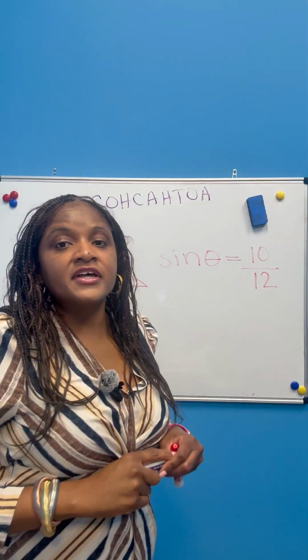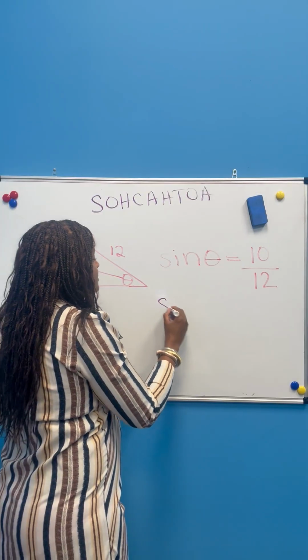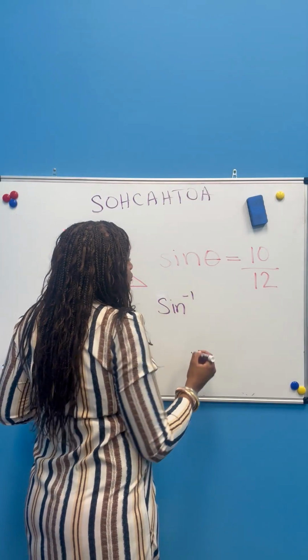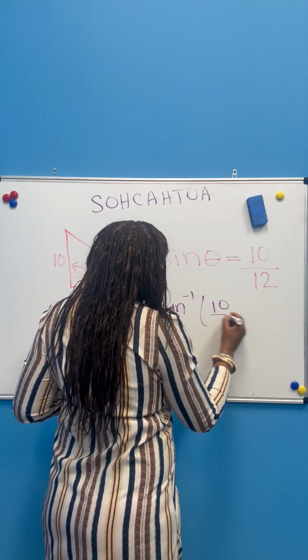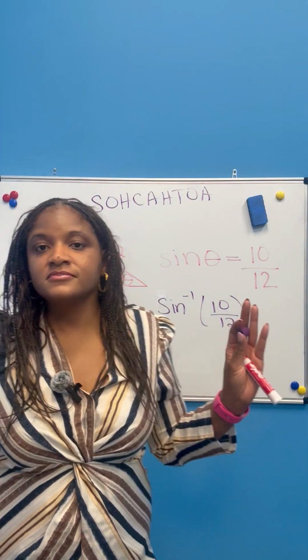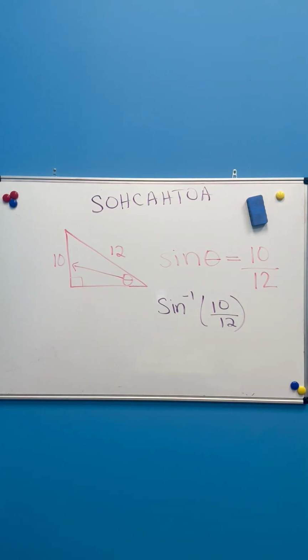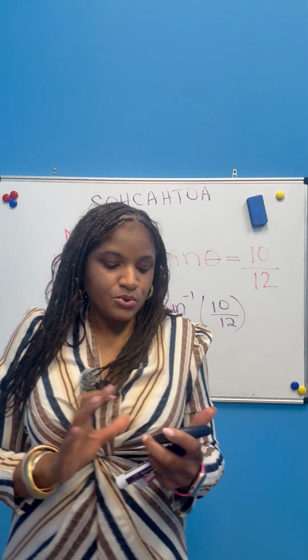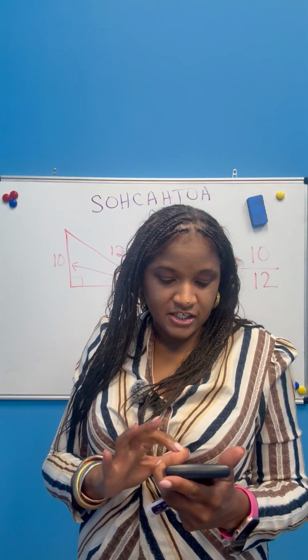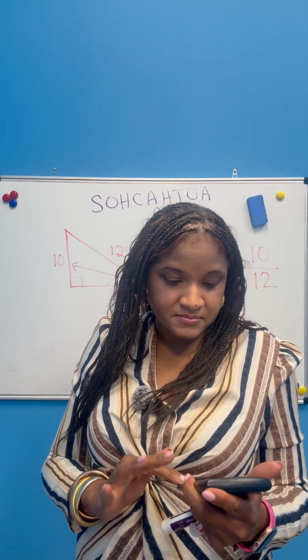And since we're looking for the angle, in our calculator we're going to do sine inverse. So it's inverse sine of 10 over 12. Your Desmos calculator or TI, even a basic scientific calculator, that's what I used to solve these. Just your basic calculator will work.